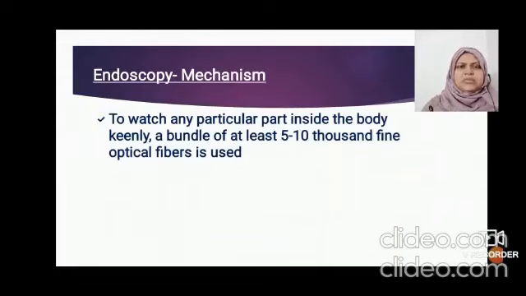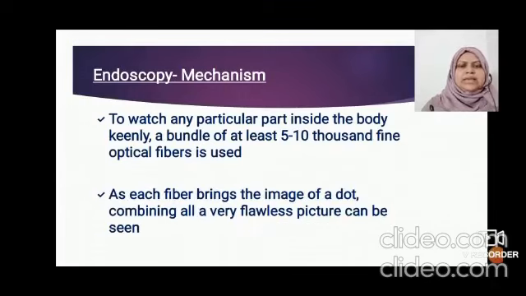To watch any particular part inside the body keenly, a bundle of at least 5 to 10,000 fine optical fibers is used. As each fiber brings the image of a dot, combining all, a very flawless picture can be seen.